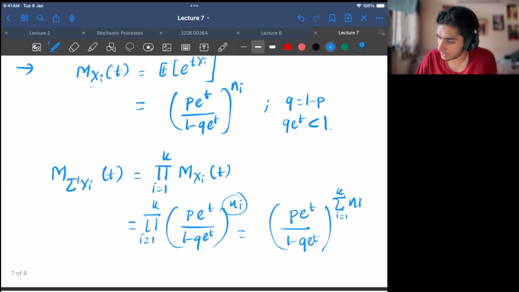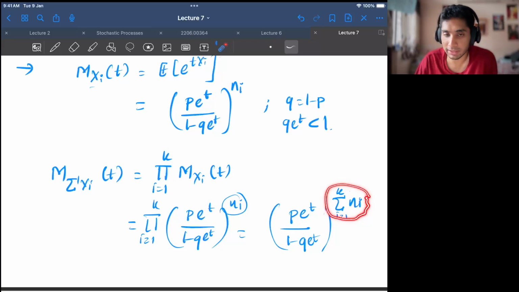So if you see this thing and this thing look similar. The difference is that instead of ni, it's summation ni. That means that summation xi is also a binomial random variable. However, the parameter is summation ni instead of just ni.